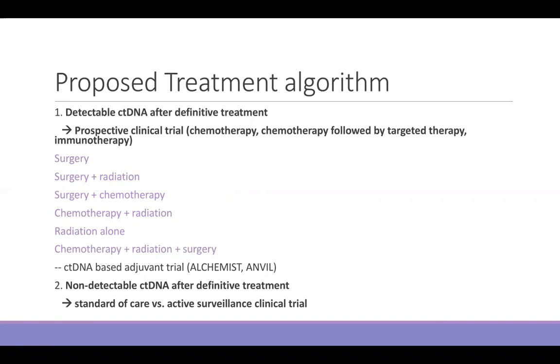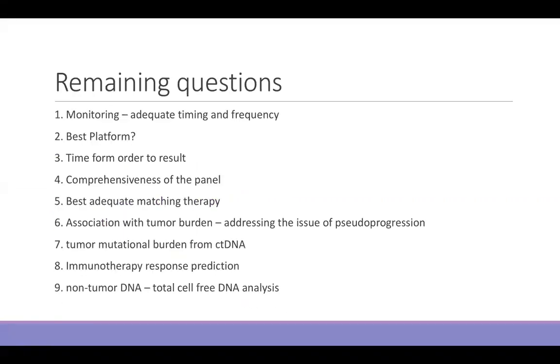But it's something that government has to do, not pharmaceutical companies, who are interested in escalating care rather than de-escalating care. So there are many remaining questions. What's the best platform? We need to compare different panels. And if molecular profiling is done, what's the best matching therapy? And so forth.